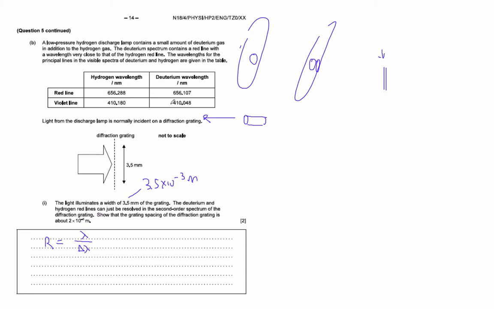So these red lines can just barely be resolved by this diffraction grating. If you had a cheaper diffraction grating with fewer lines on it, they'd blur together. You couldn't resolve them. That's what they're talking about here.